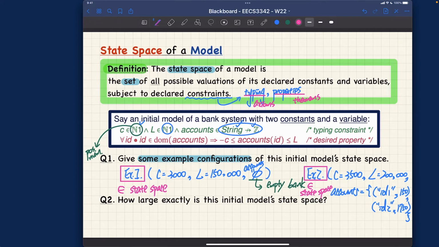Question number 2 is the concluding question, really. So now, given that you know how to find individual examples, how large exactly is this initial model's state space? That's the question. All right, you can pause the video and think about it.